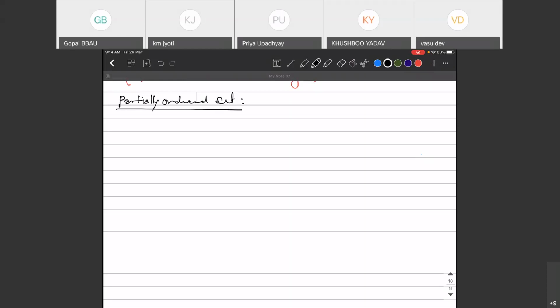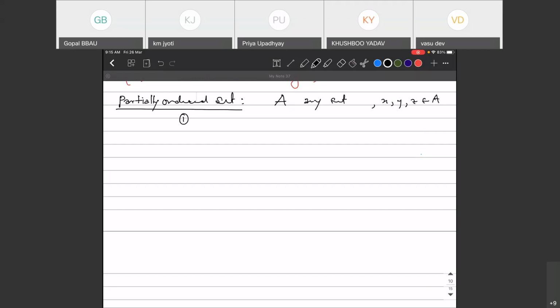So if we have a set S, it should be reflexive, antisymmetric and transitive. Yes, very good. So let us assume we have a set A. Then X, Y, Z belong to A.